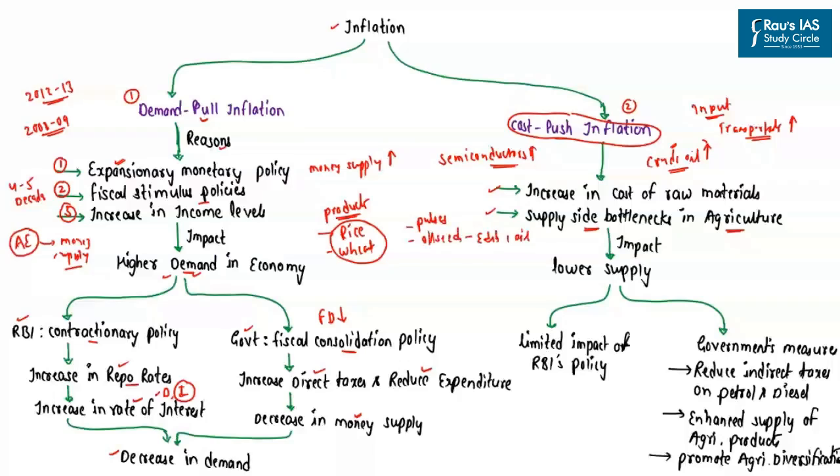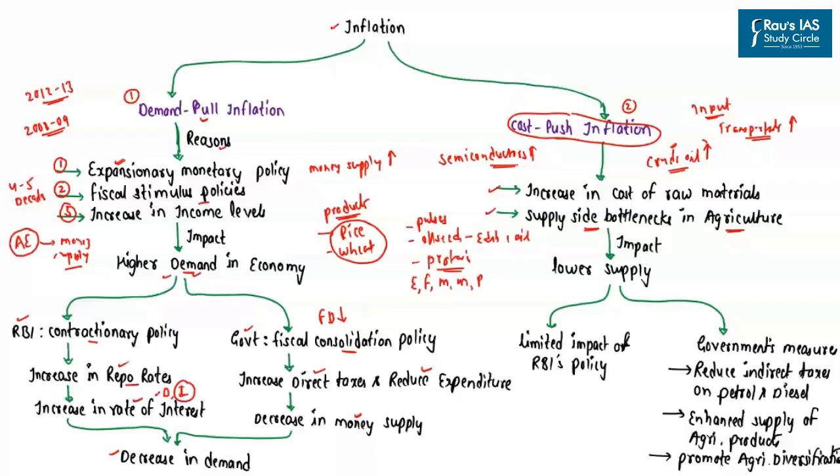Similarly, we also face what is referred to as protein based inflation. Now protein based inflation is basically the inflation that we see in various commodities such as egg, fish, meat, milk, pulses and so on.